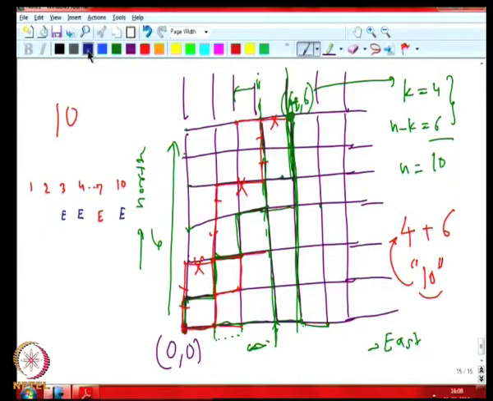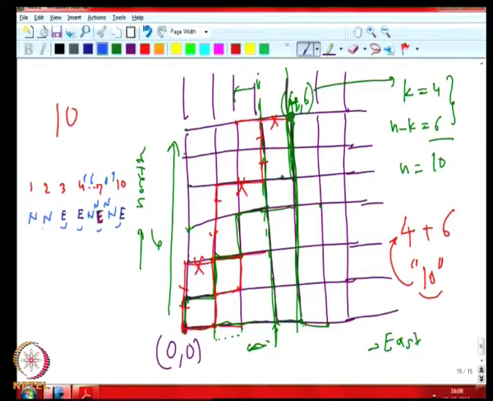So, if I have decided these are the 4 times I take east, then in the other places I will have to put north. So, 6 norths will come that way. Once you fix my east, then the north is automatically fixed.